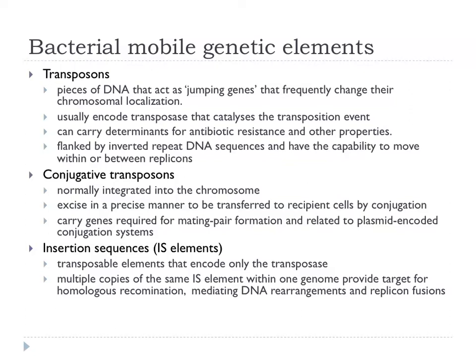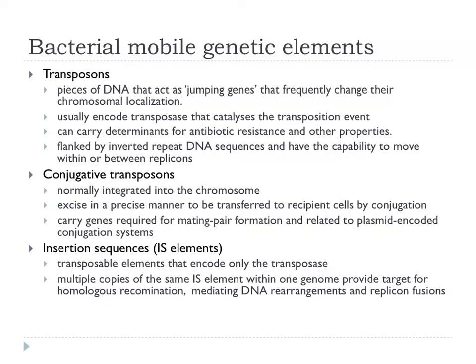Insertion sequences are in the other direction. These are the most cut down version of a mobile element you can have. All they do is they have a gene that encodes a transposase, and they just jump around, the transposase and the flanking regions. You might say, well, that's a kind of trivial thing, but in fact they do play a role in the genome architecture, because as they jump around and go into different parts of the genome, they provide then a template for homologous recombination.